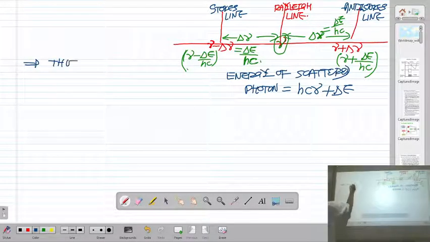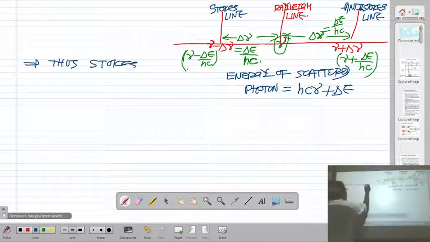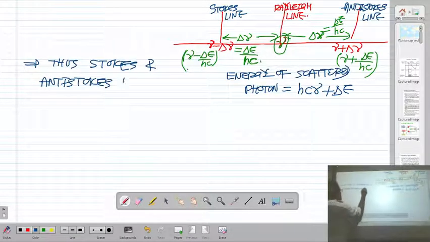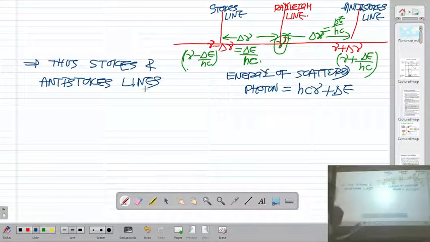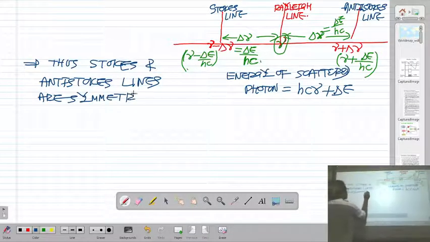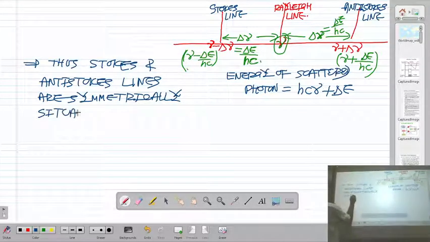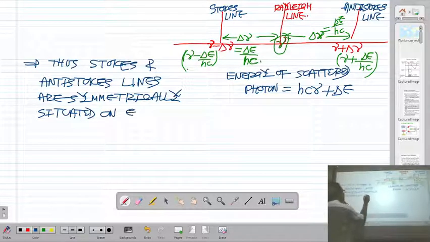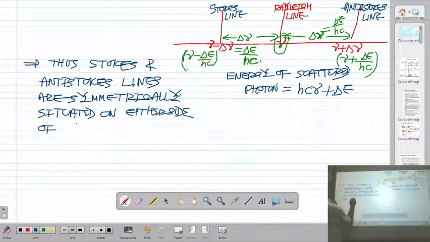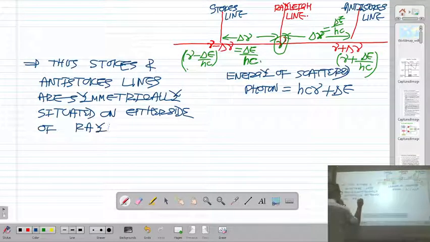Thus, Stokes and anti-Stokes lines are symmetrically situated on either side of the Rayleigh line.